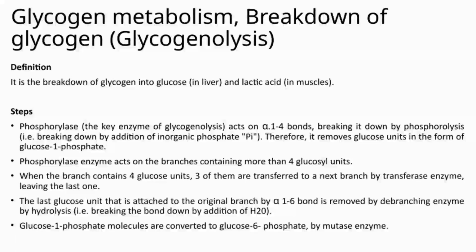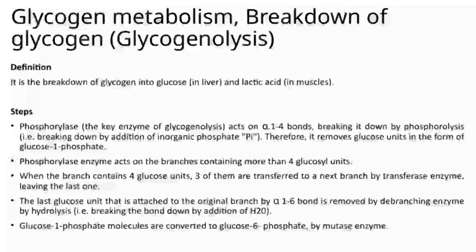This step is crucial because glucose 6-phosphate can then be used in glycolysis or other pathways, depending on the cell's needs. So, in summary, glycogenolysis involves a coordinated effort of enzymes to break down glycogen into usable glucose units, supporting energy supply during fasting or muscular activity.